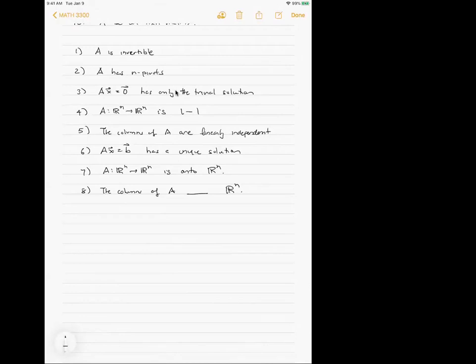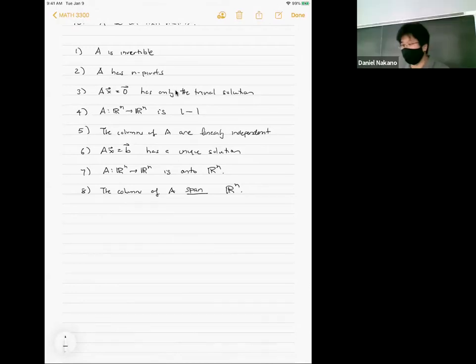Span. There we go. Okay. Because if I take a B over here, I can find the x's such that B is a linear combination of the columns of A, so therefore the columns of A will span Rn. Okay. Any questions on this?